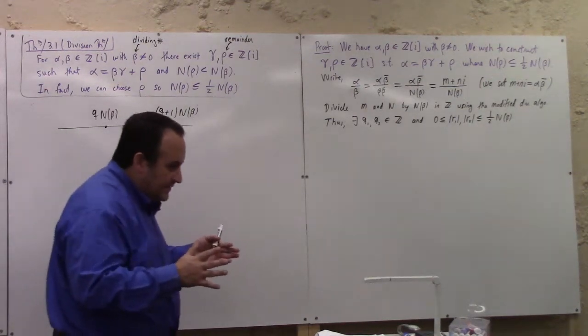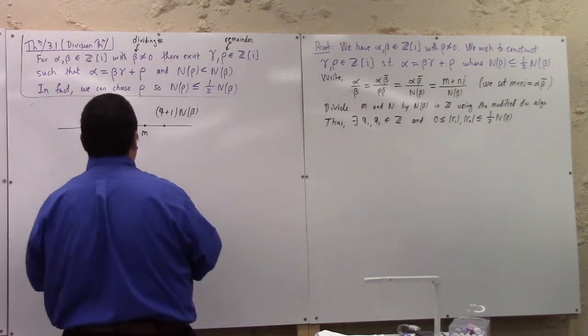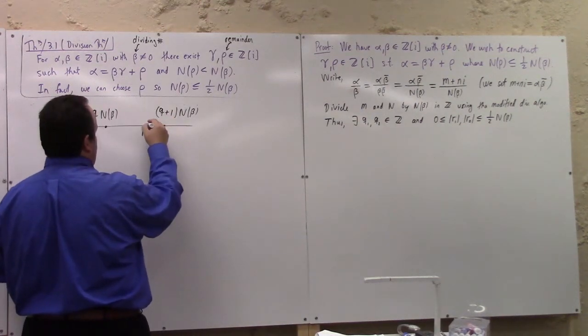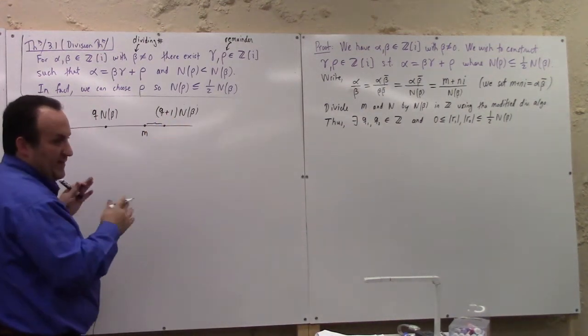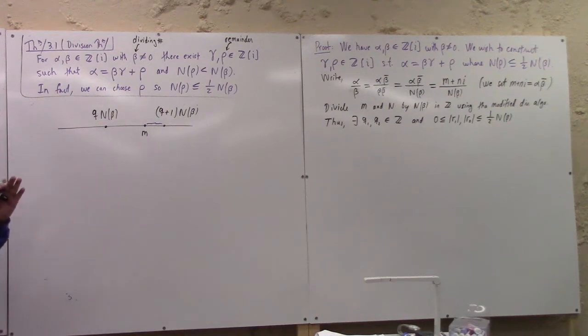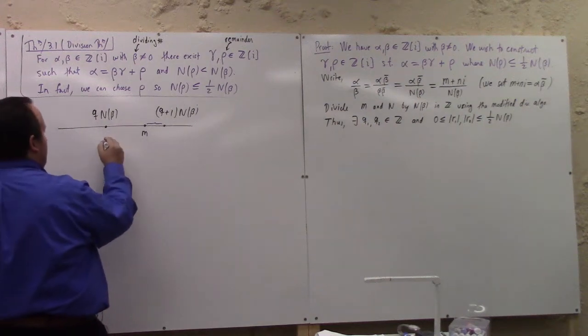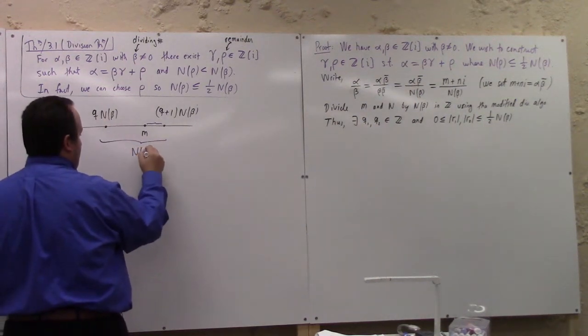So if you look at that, we choose this one, right? So it's this distance. But if you think about it, no matter where the point lies, if you pick the closest one, it has to be within half the distance between the multiples, right? And the distance between these multiples is the norm of beta, right?